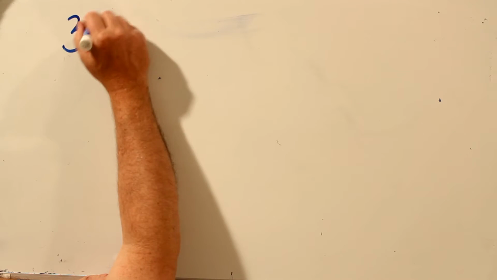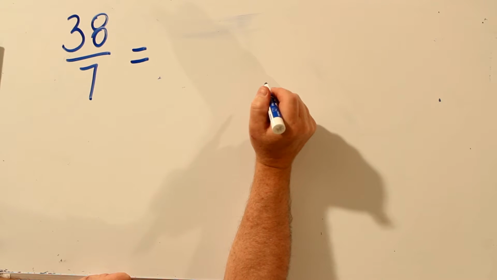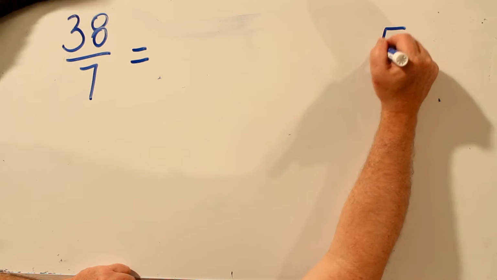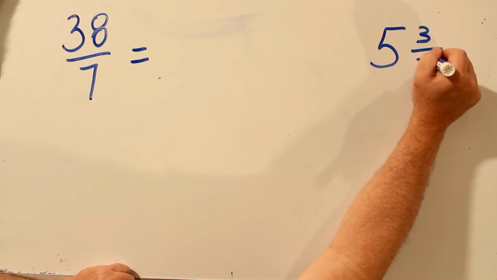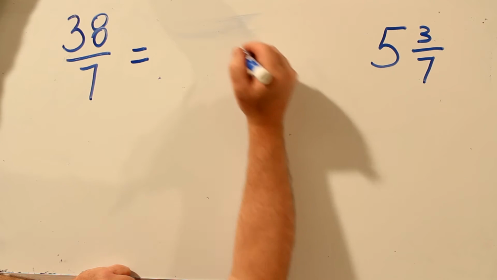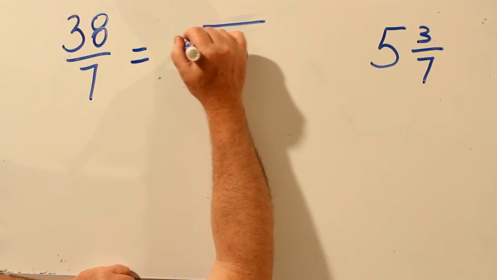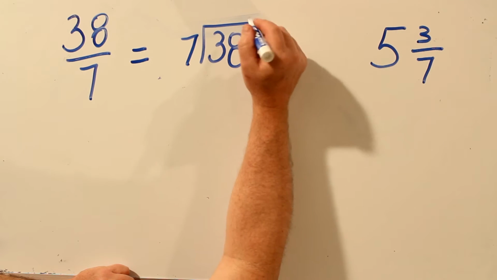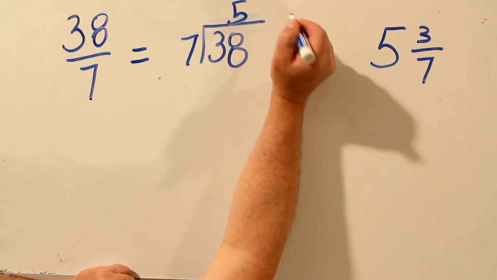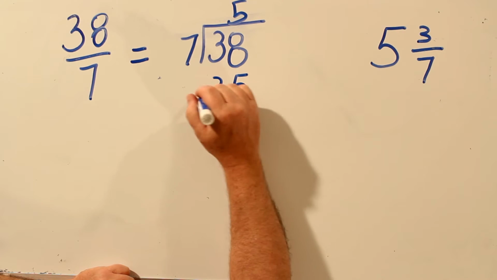Let's try 38 over 7. 38 over 7 is the same as 5 and 3/7. To convert that, it's 38 divided by 7. 7 goes into 38 5 times. 5 times 7 is 35.